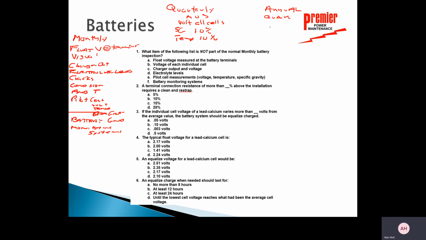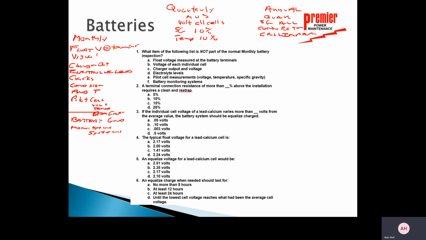But finally, on an annual string, I'll actually do specific gravity on every cell. All connections will be checked with a digital low resistance ohm meter. And I'll do a cell impedance on each cell. So those are the standards put forth by the IEEE guides with regard to battery maintenance.